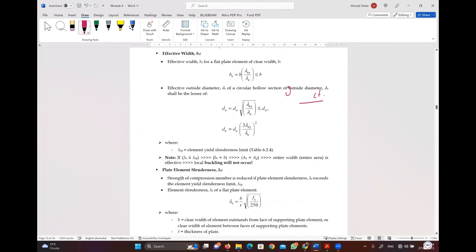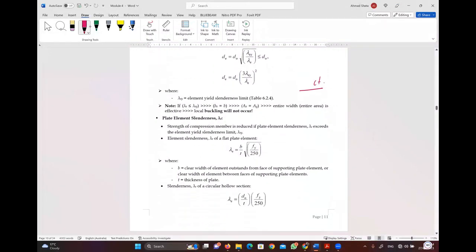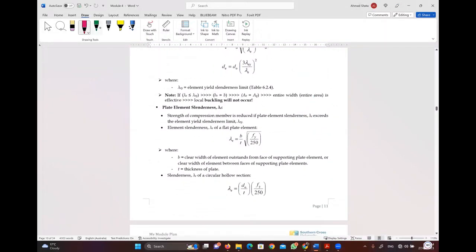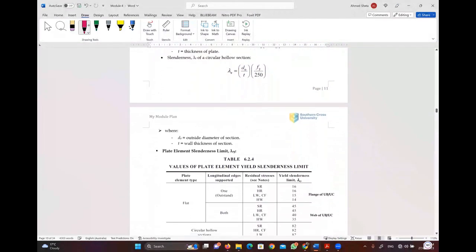What we have done here is get the plate element slenderness, lambda effective, using this formula. We have used it for web and flange. We got lambda E flange and lambda E web, and using these two values we get KF equal to 1, and then we get the nominal section capacity. This is for the nominal section capacity.